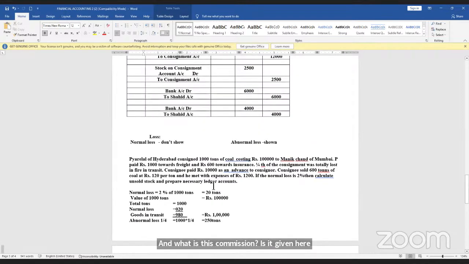His commission not given? How much shall we keep as his commission? Let's keep some 5%.